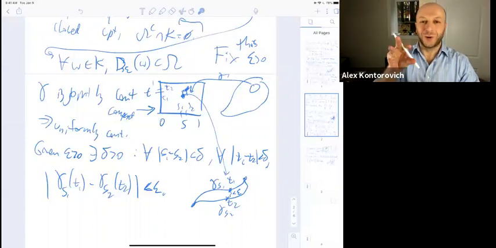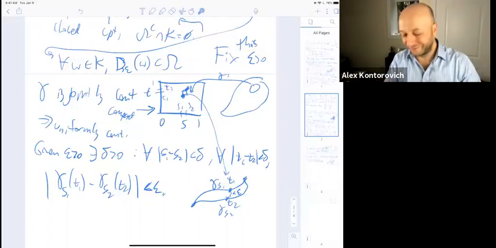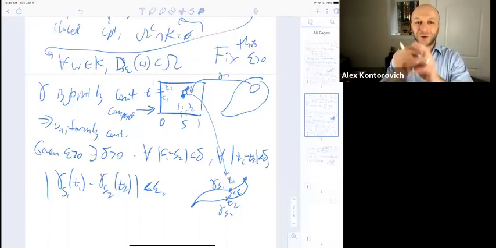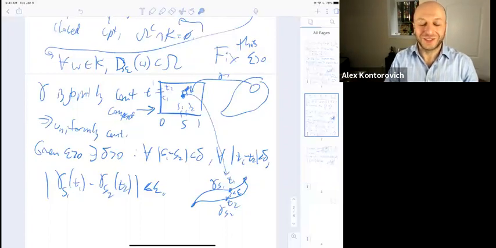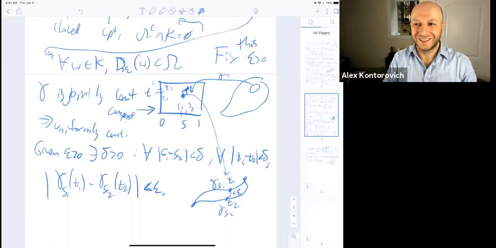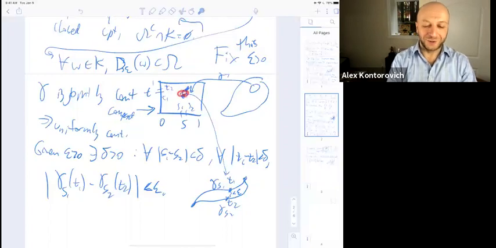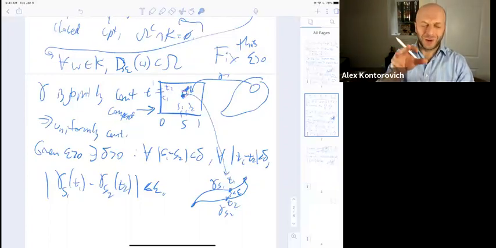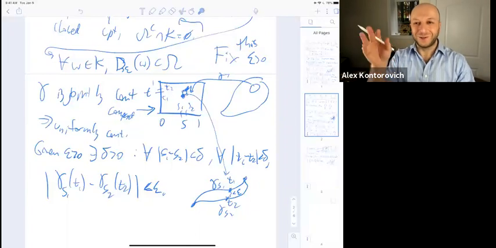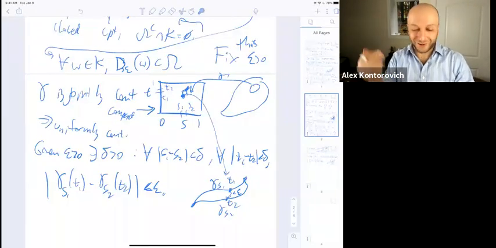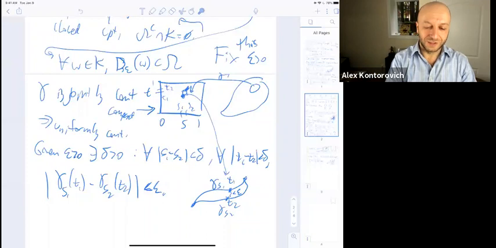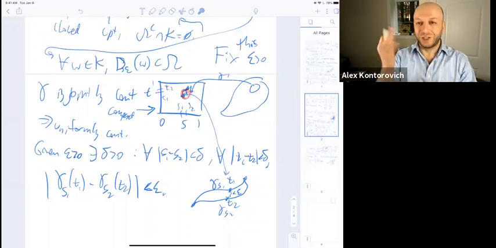Squares and circles both generate the open sets. Is it a basis? A basis, thank you. That's the word I'm looking for. A basis for Borel sets. So you could say I want the square of S1 minus S2 plus the square of T1 minus T2 to be less than delta, or less than delta squared, or whatever. It doesn't matter what regions you choose.